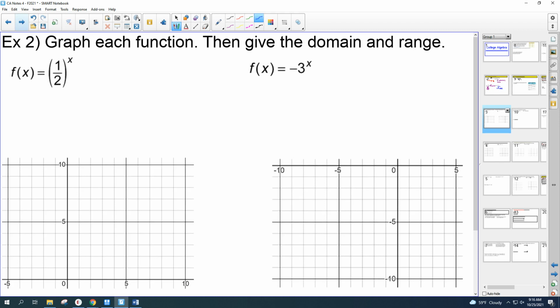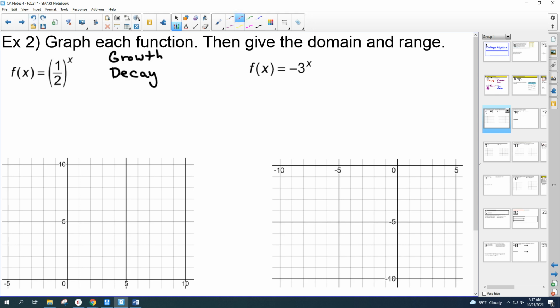Next, we're going to graph functions and give domain and range. And so when we graph exponentials, you should recall that you're going to have exponential growth or exponential decay.